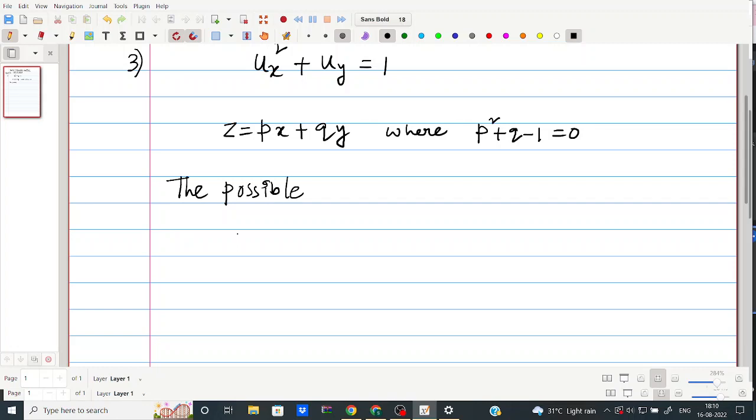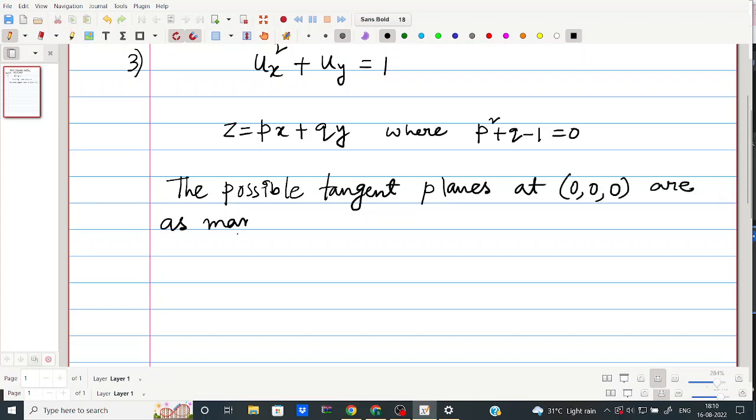Let me write the possible tangent plane, z equal to px plus qy, with as many pairs p and q as satisfy the relation p square plus q minus 1 equal to 0.